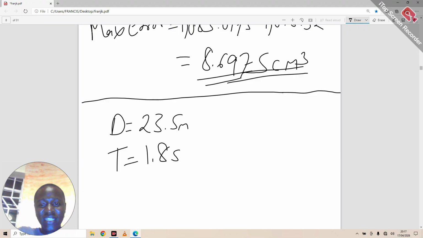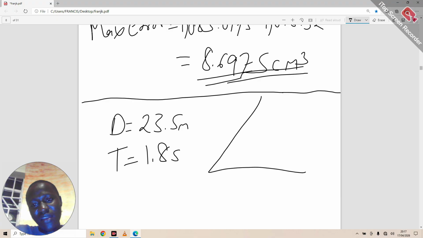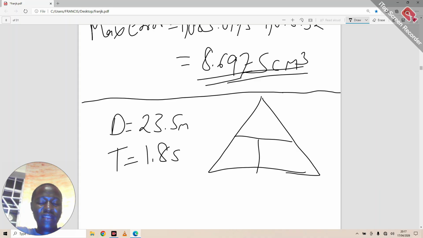There's a formula in a triangle I use a lot when it comes to solving this. DST. So D stands for distance, S for speed, T for time.